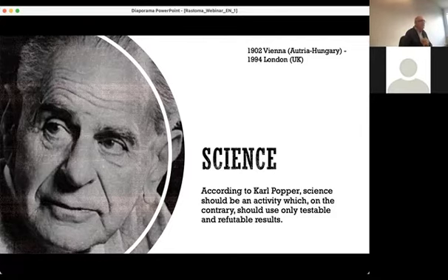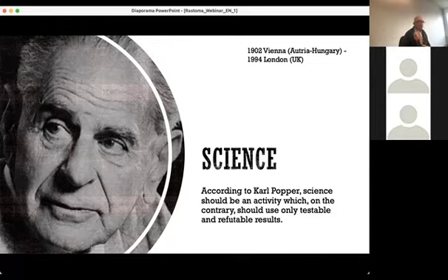This is the main difference with the two previous knowledge fields, because when you are doing science, all you say should be refutable. Refutable does not mean that it is wrong. It means that you can show that it is wrong.